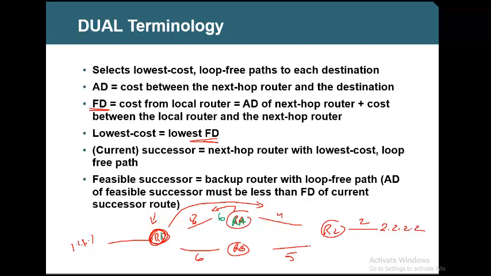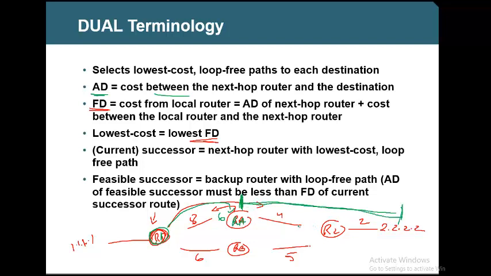For R1, it is coming as what? Advertisement. You agree? Yes. So advertised distance is the cost between the next hop and the destination. You understand now? Yes. For router 1, the next hop is router A. So it is the metric between the next hop and the destination.